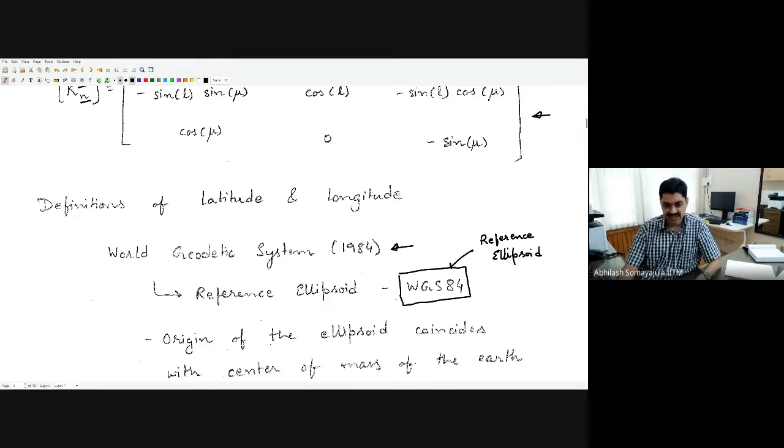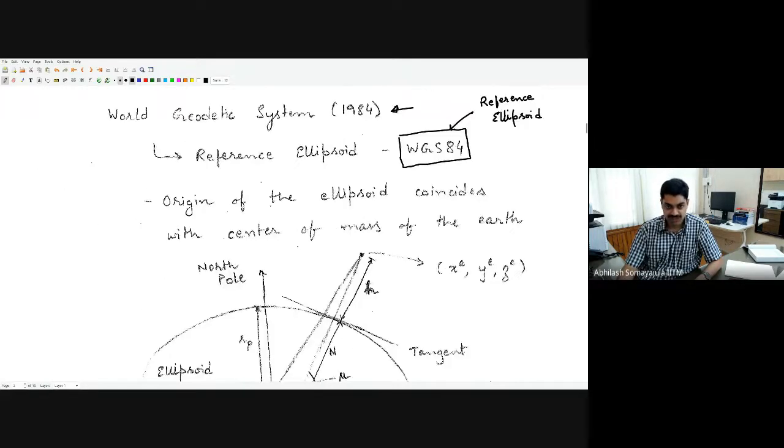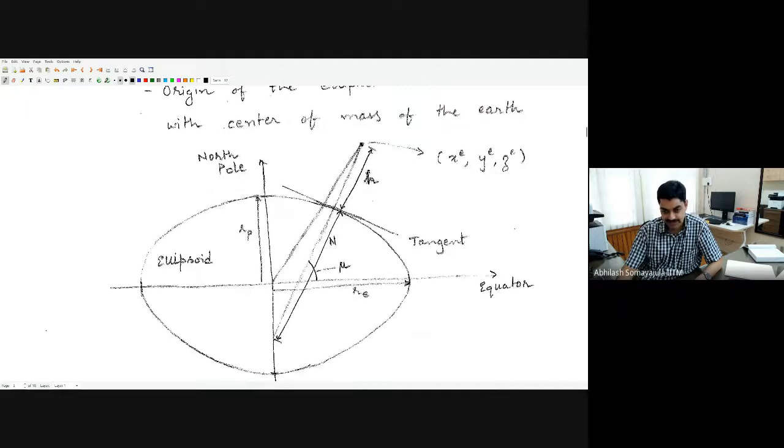So let us understand what this ellipsoid means and how it looks. The origin of this ellipsoid coincides with the center of mass of the Earth, so it is at the center of the Earth.